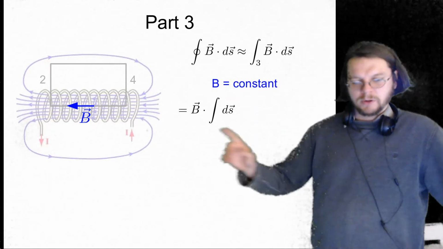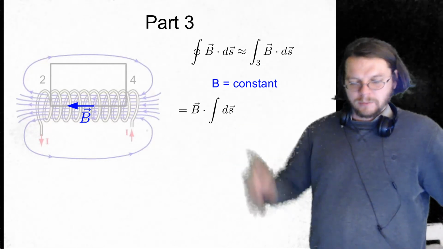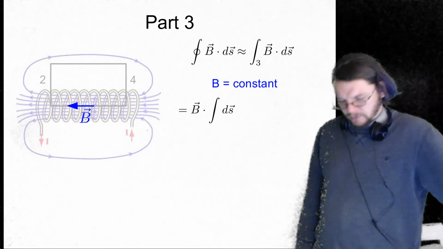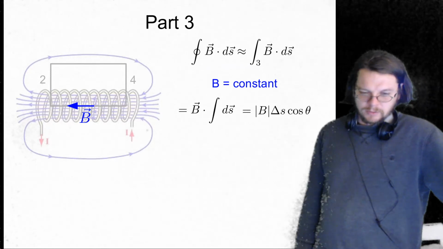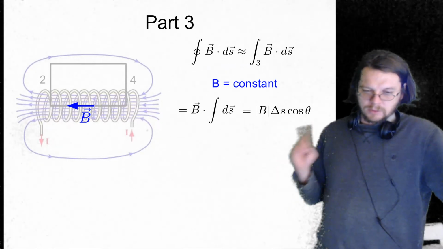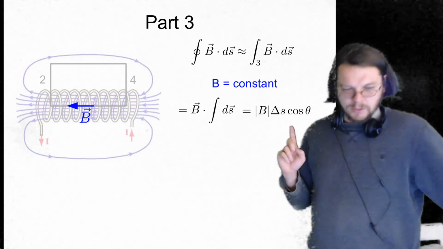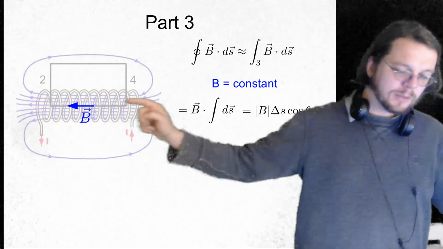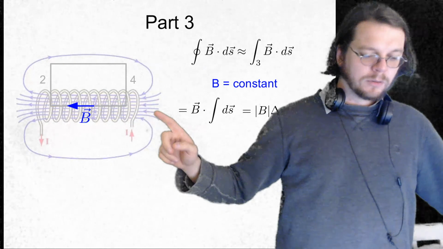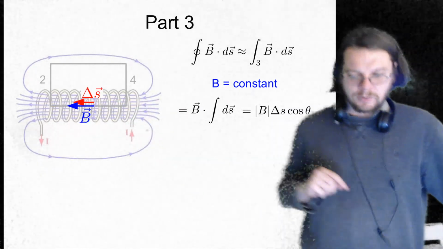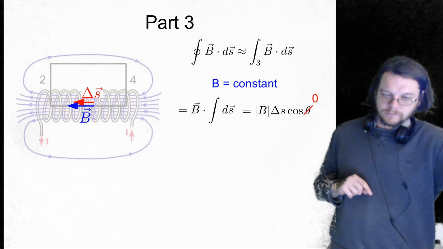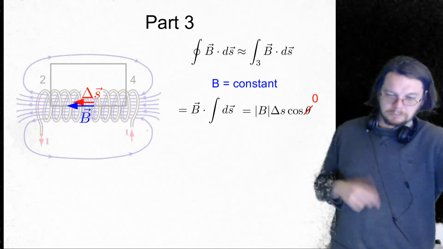And so now we're just integrating over the path. Well, the path is whatever that length is. So you get something like this. And again, we get this cosine theta here. But the nice part is that because the path is in the same direction as the magnetic field, the angle between these two vectors is just 0, and you get a cosine of 1.